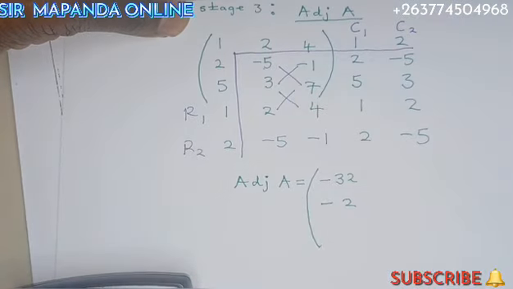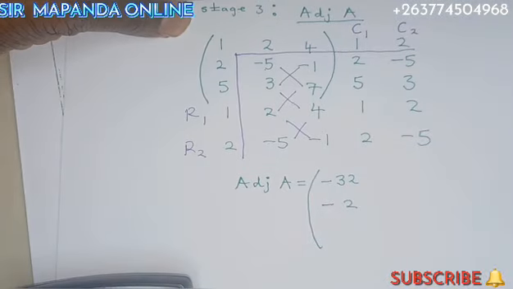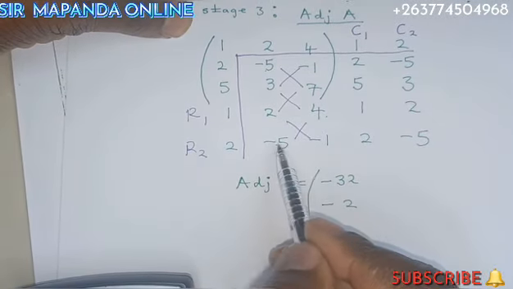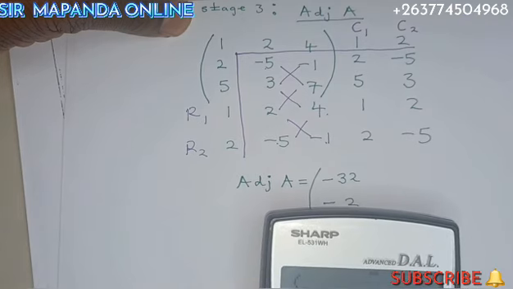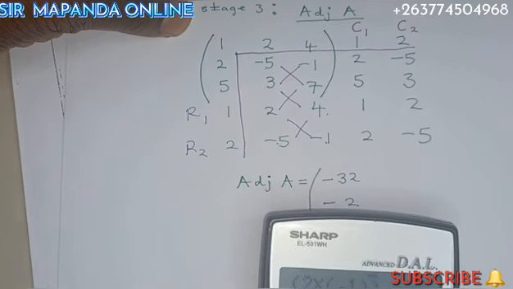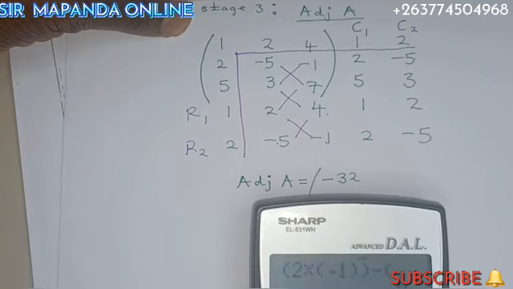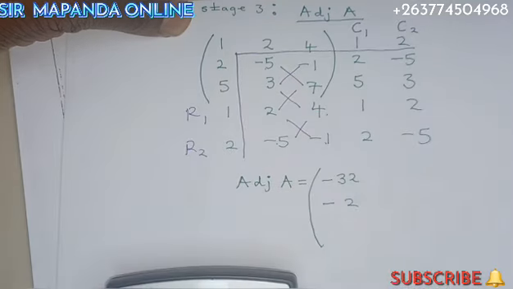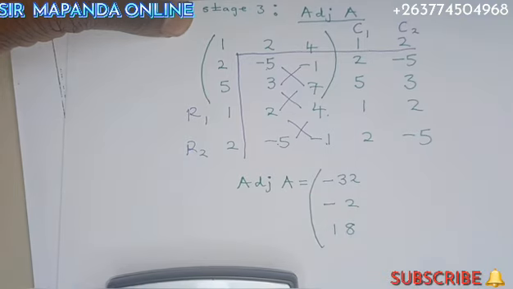Then we move on to the third matrix, and the third matrix is 2, 4, minus 5, and minus 1. So you are saying 2 times minus 1 minus open bracket minus 5 times 4. You get 18. So I'm going to write 18 here.